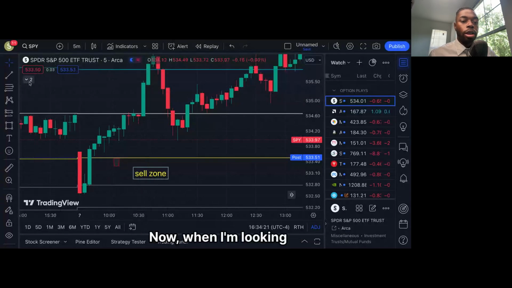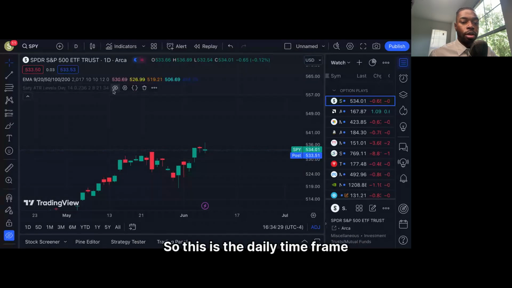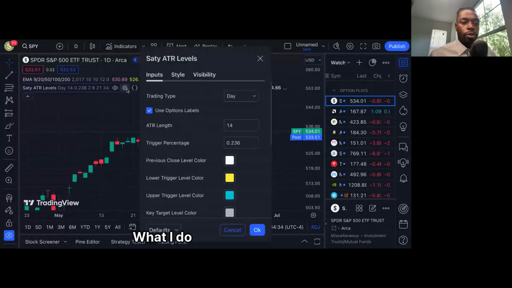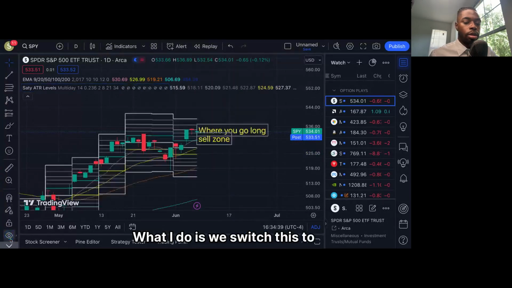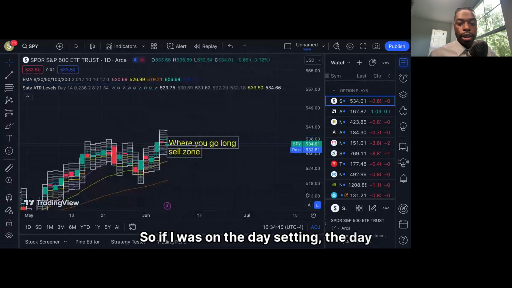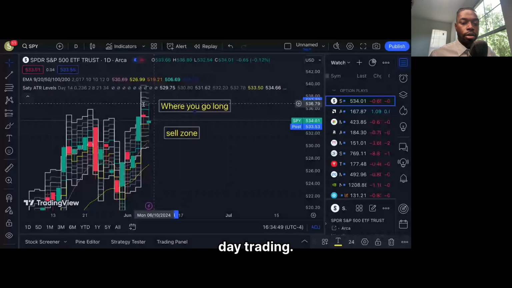Now, when I'm looking on the daily time frame, let me switch to here. This is the daily time frame. What I do is switch this to the swing setting. If I was on the day setting, it is very small and only for day trading.